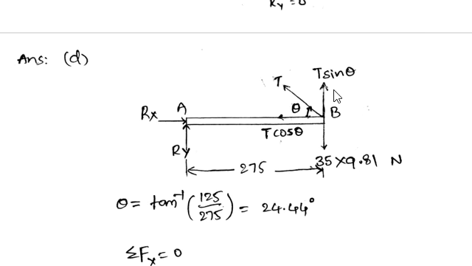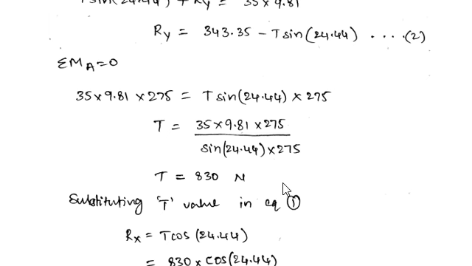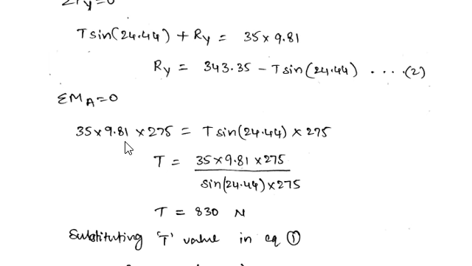That must be balanced by T sin theta into 275. So that's what we have written here. 35 into 9.81 into 275 equals T sin theta, theta value 24.44, into 275. Simplifying this, we are getting the T value as 830 newtons.